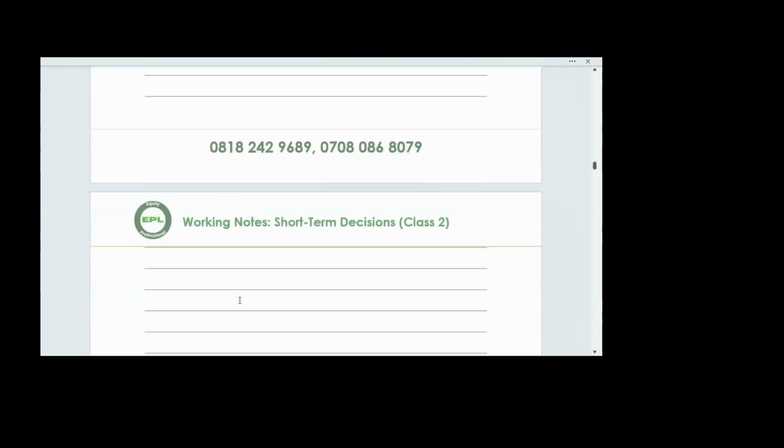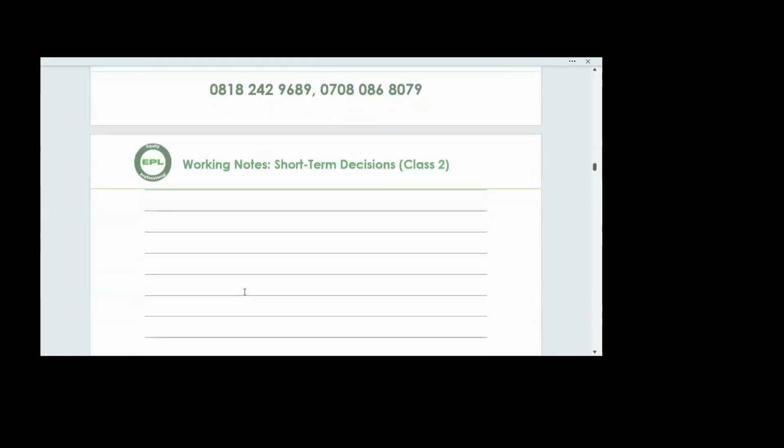Let's say our working should be somewhere here. So working number 1, variable selling expenses.